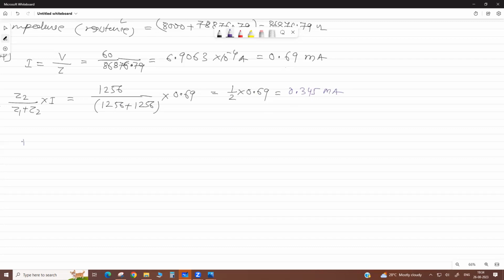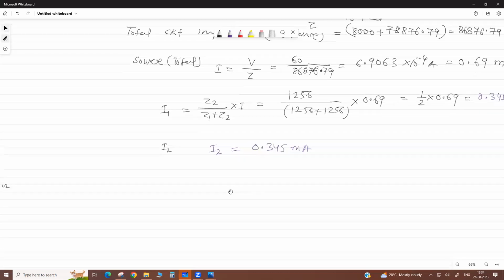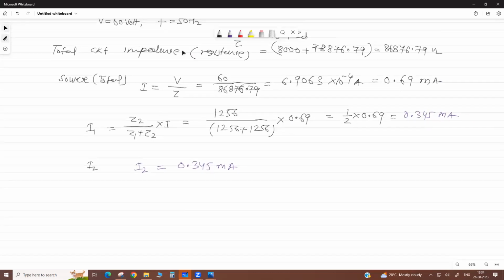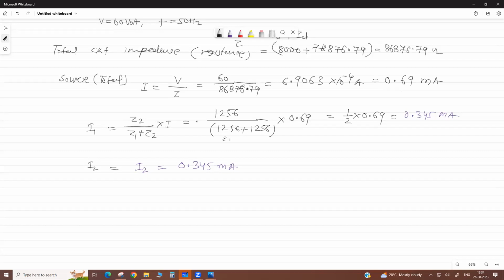Same like I2 also, 0.345 milliampere, almost. Okay, because both are equal impedance, they are equal, mostly Z1 and Z2 are almost equal. Okay, got it?